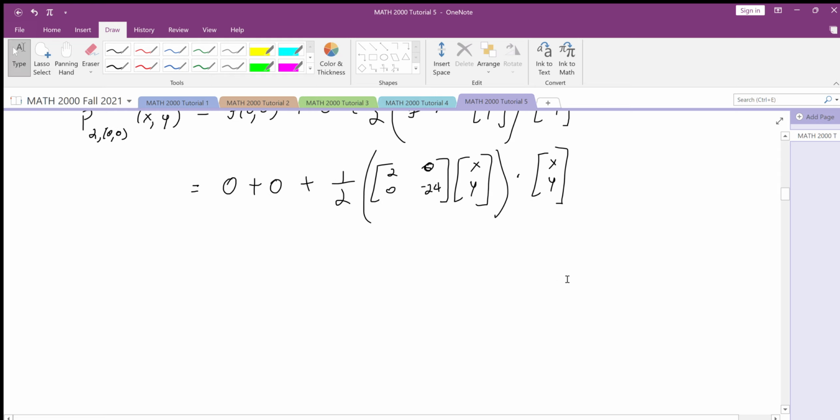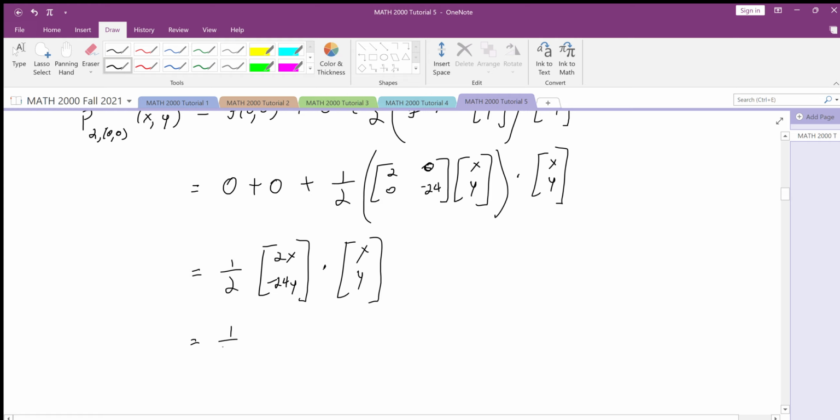Scroll down, simplify. So that's 0 plus 0 is 0. We get (2x, minus 24y), dot product with (x, y), and simplify.